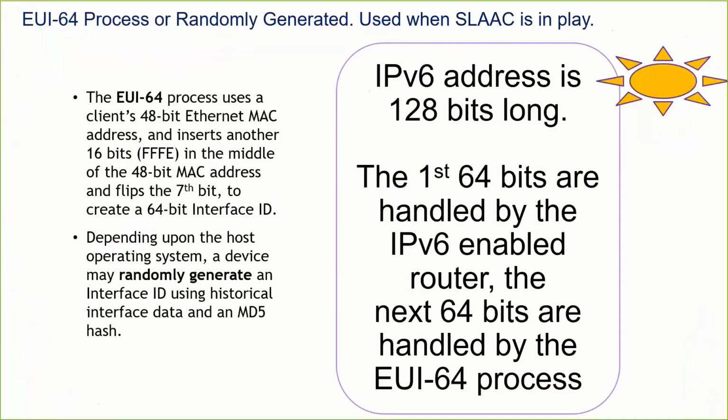If you're running SLAAC or the stateless DHCP, it kind of passes the work on to the client, okay? So it sends a router advertisement and says, okay, well, we're running SLAAC here. I'm in charge of the address. Here's the prefix length, which remember is the network portion as well as the subnet ID. And you, the client device, you need to figure out your unique portion of your address.